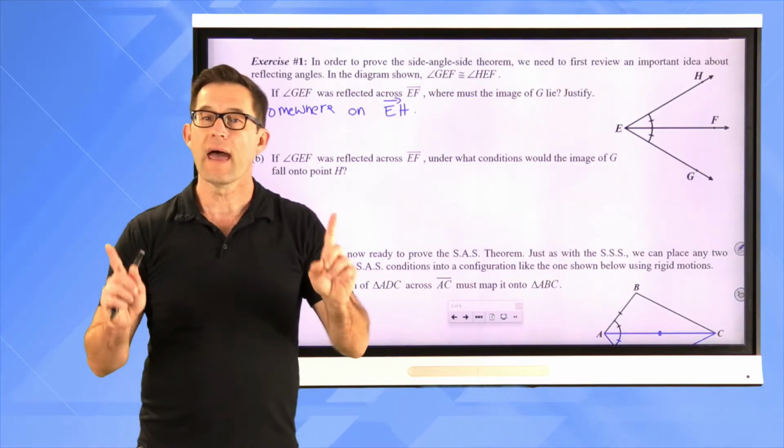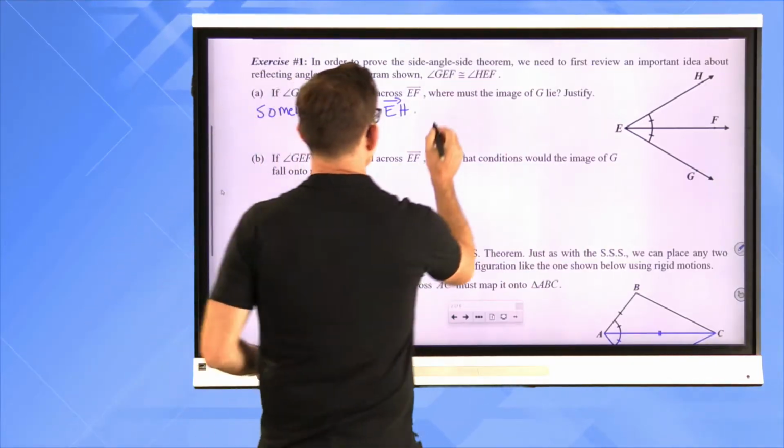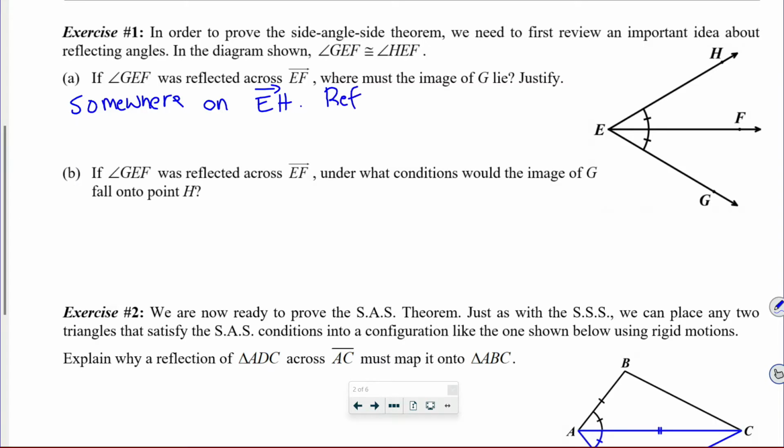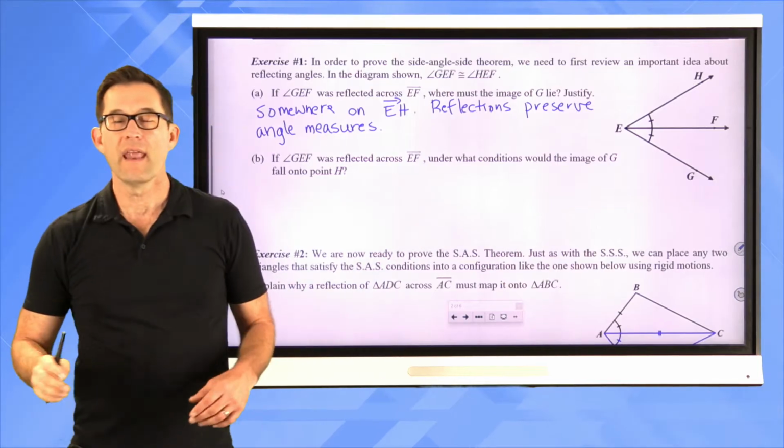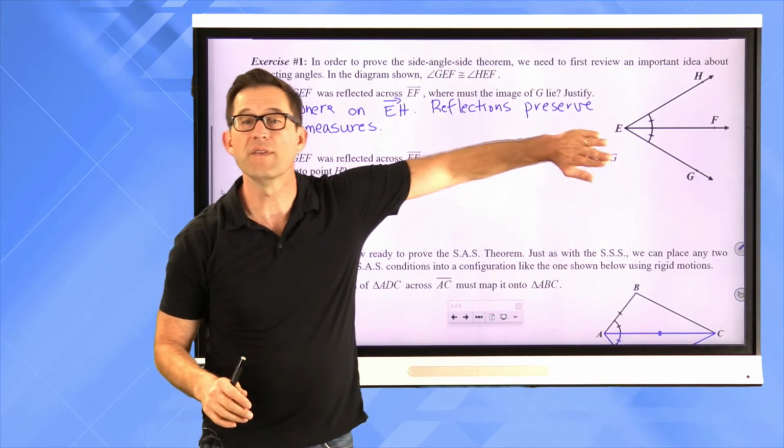Okay? Now, reflections preserve angle measures. Right? Now think about this. We've reflected this angle.